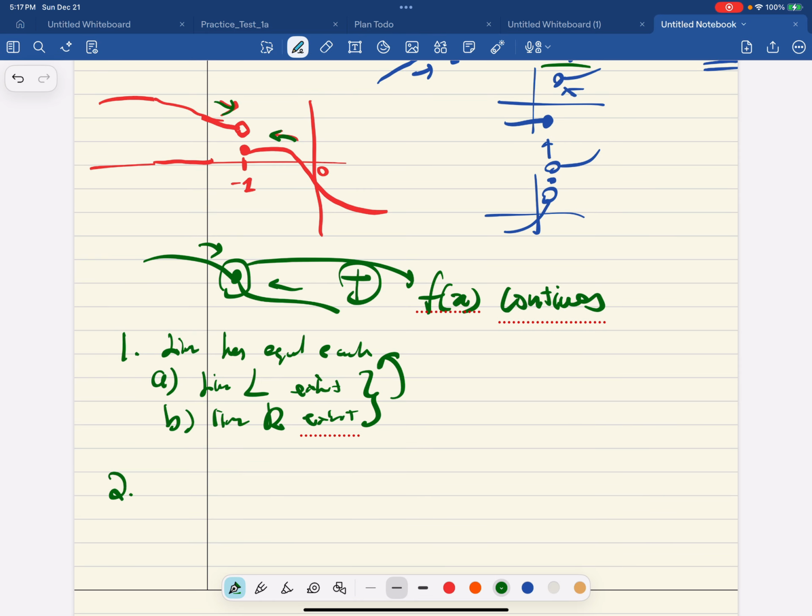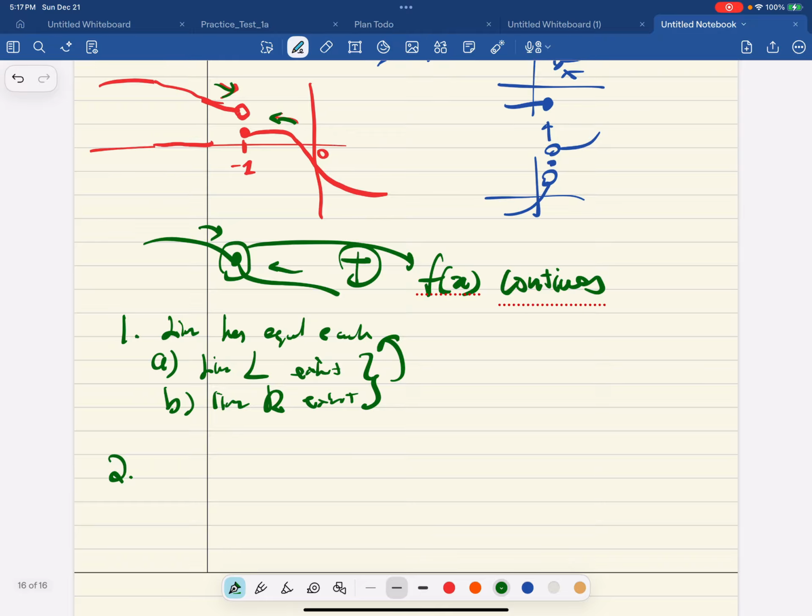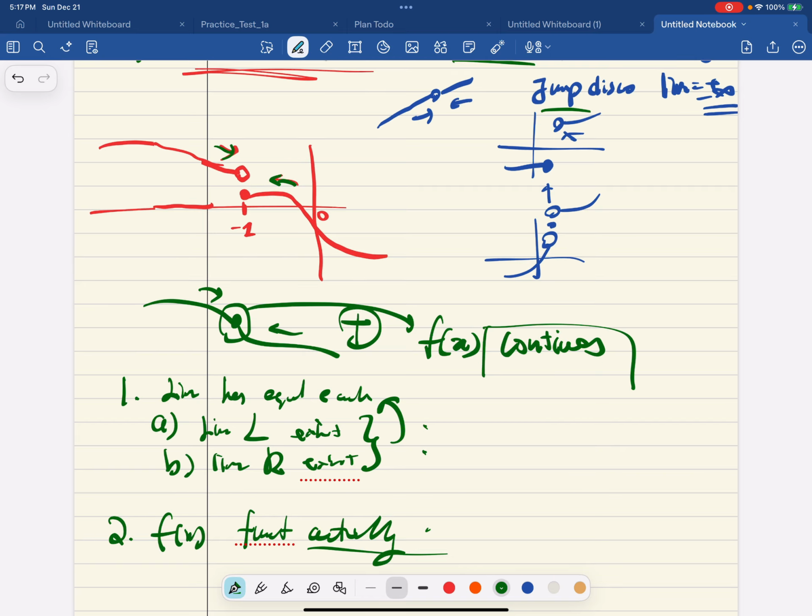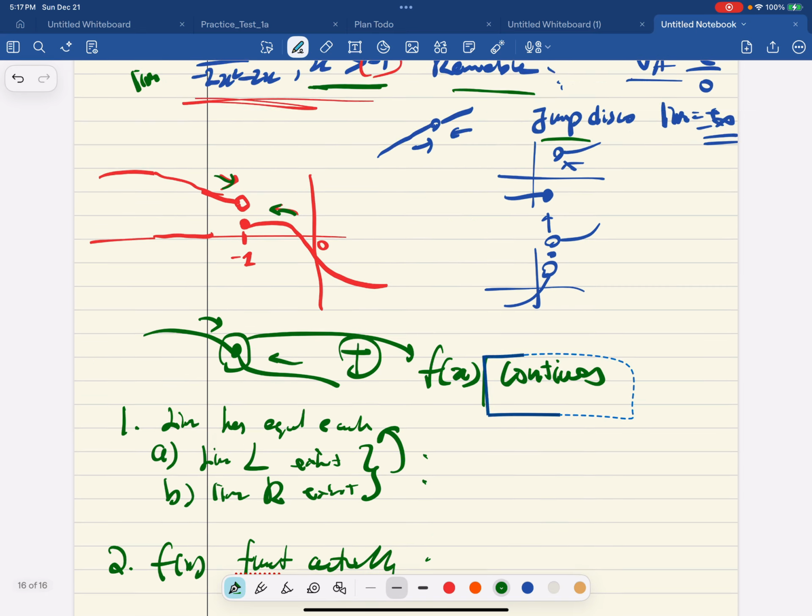And another condition, I don't know, I'm losing my vocabulary, is that the function actually exists. The function actually exists at that value. If all these 3 conditions are met, then the function is continuous. If any of this is not met, it is not continuous.